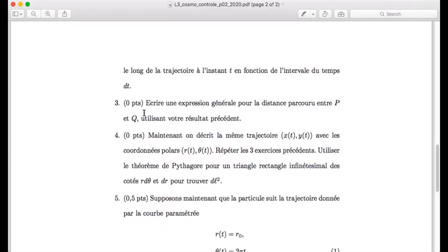So you would integrate dl along the curve to get the total length, just integrating the previous expression.